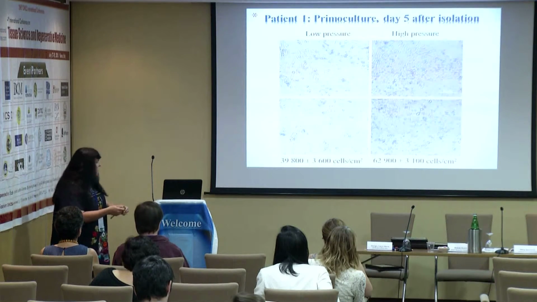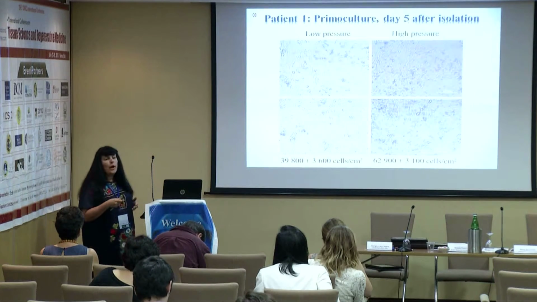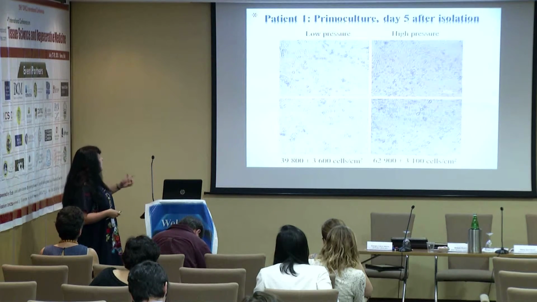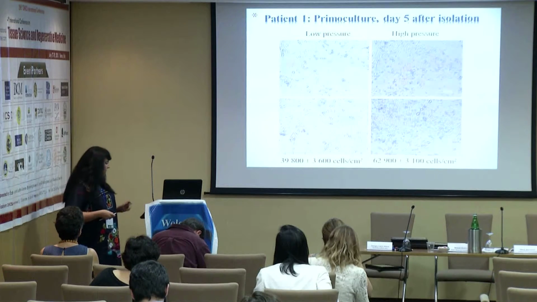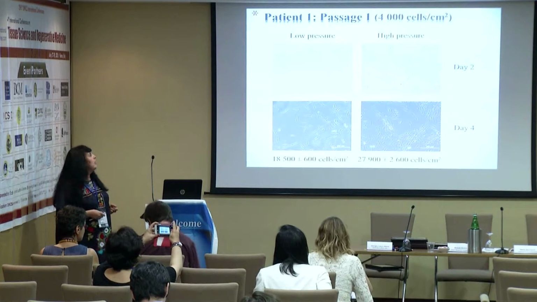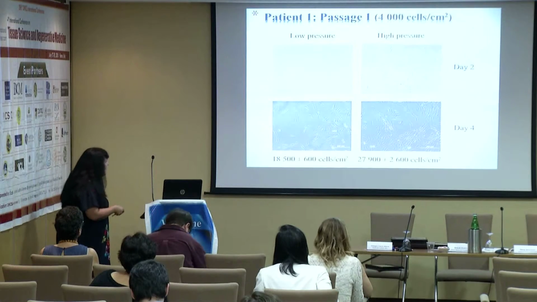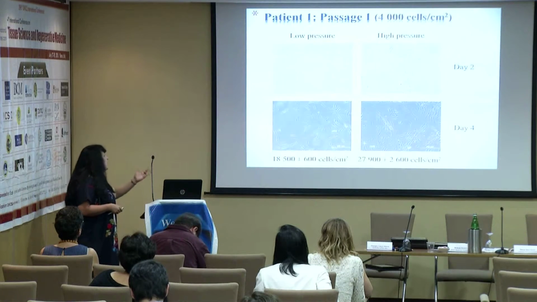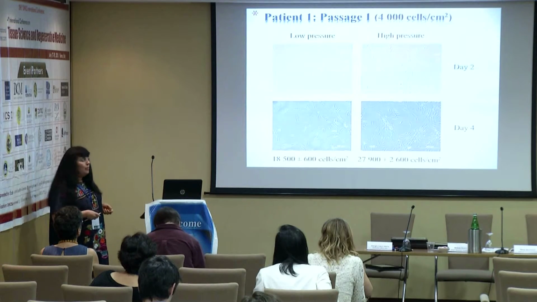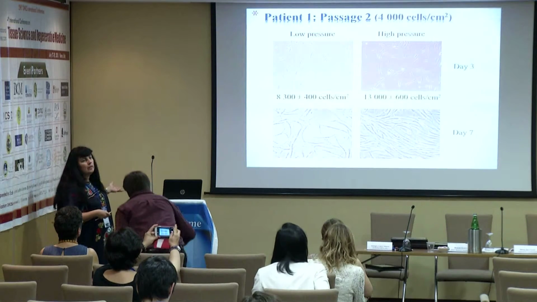It was by 1/3 higher, at least by 1/3 higher, than in cells isolated at low pressure. And this feature persisted even in first passage. We seeded an equal amount of cells, and again we obtained approximately 1/3 higher cell population density. And even in passage 2, it was the same.